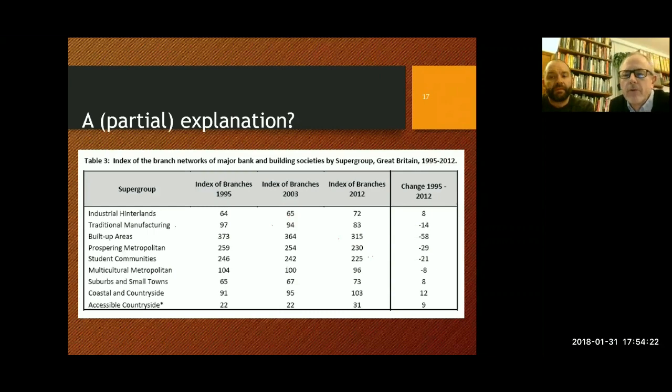If you look at the far right column there, 1995 to 2012, you can see areas of decline, and built up areas, traditional manufacturing, student communities, prospering metropolitan. So inner city areas and traditional industrial areas have had high rates of closure. There'll be some openings elsewhere, but they tend to be in more rural, suburban areas.